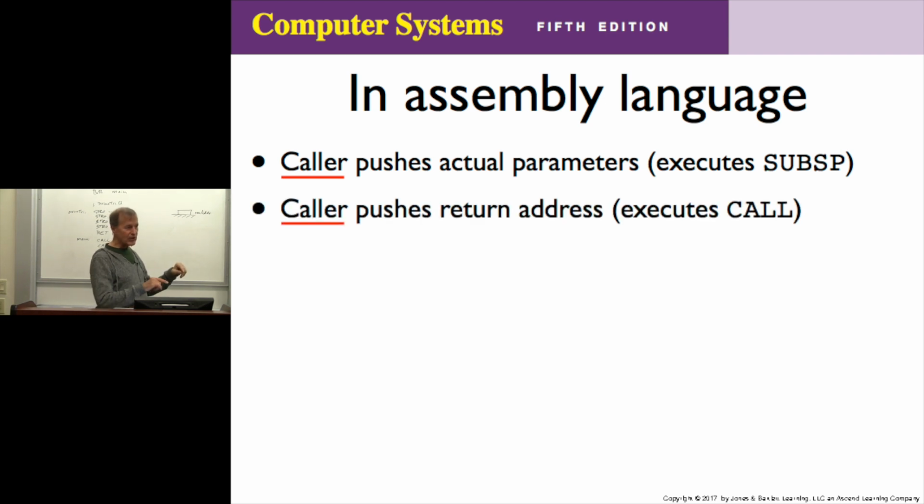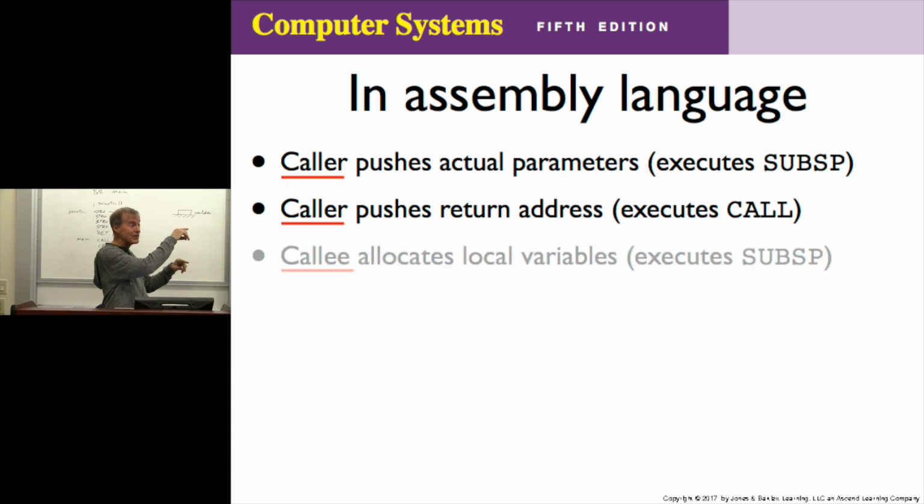Then the caller pushes the return address onto the runtime stack. And what statement does that? Call. All right? Now after that statement executes, where will we be? In the callee. So what does the callee do?